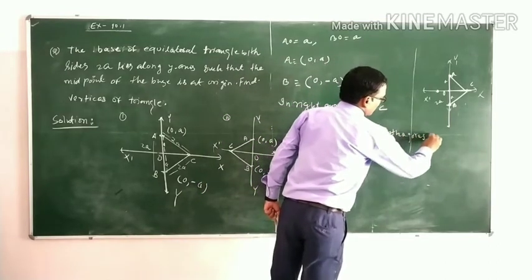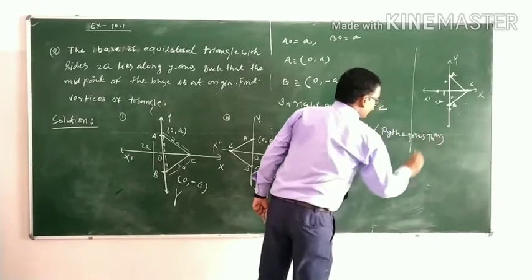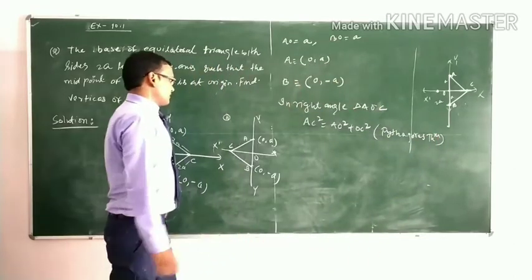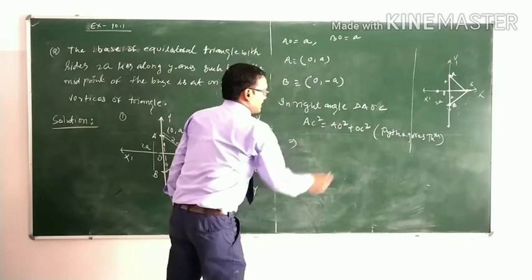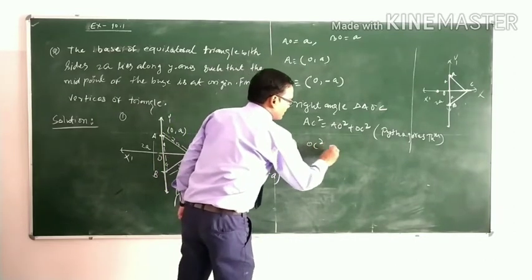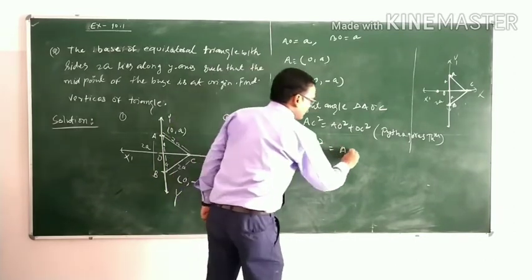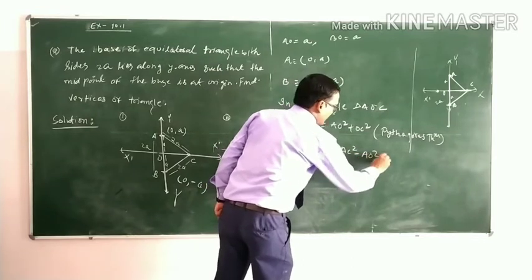Okay students, this implies that our target is to find the value of OC square equal to AC square minus AO square.